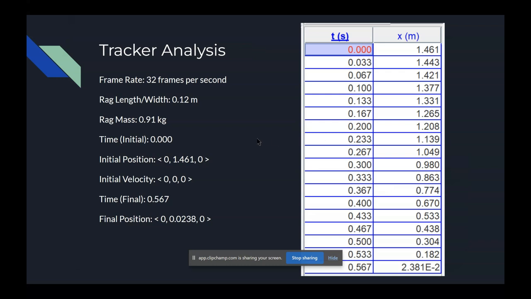So we have a frame rate, and that's going to be influencing the position and any of the time, any of the numbers here. This is the size of the rag, which is important to determining essentially that constant. The mass of the rag, its initial time, position, velocity, final. And the velocity should be zero because we're dropping it from a height rather than throwing it down or something like that.